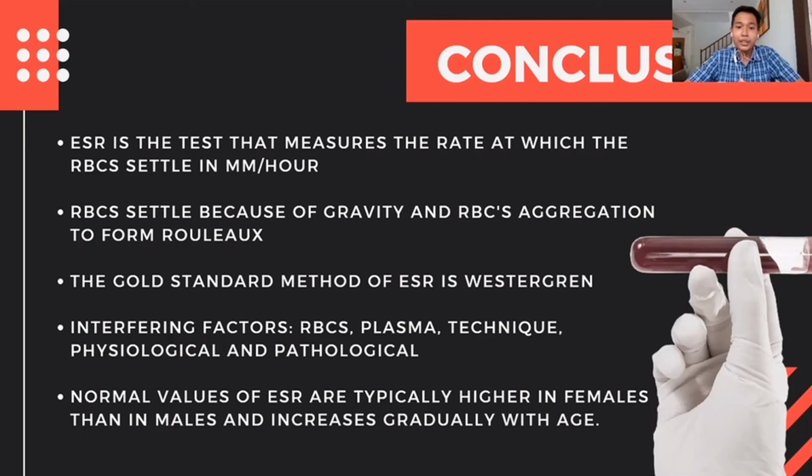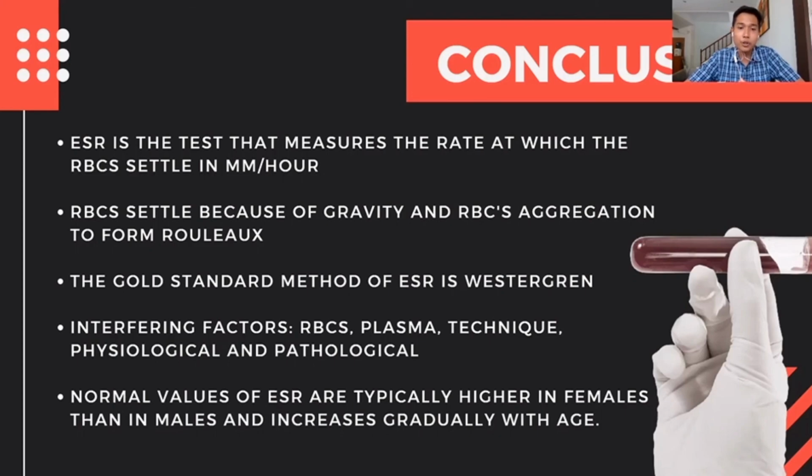If we would like to calculate ESR, we can choose any option of instruments, either manual or automatic methods. But the gold standard method of ESR is Westergren. When we calculate the ESR, many factors can interfere with our results, like RBCs, plasma proteins, and technical, physiological, and pathological factors.